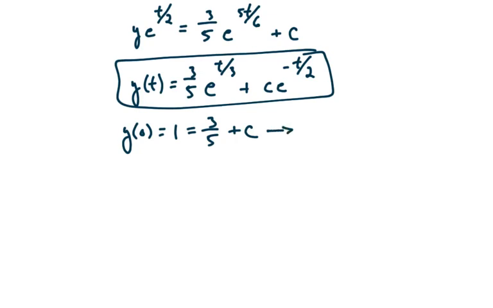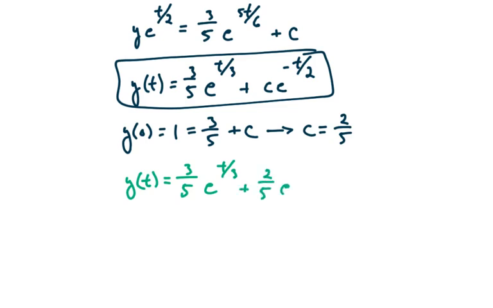So when we solve for c, we're going to get 2/5, which means that our final solution is going to be 3/5 e to the t over 3 plus 2/5 e to the negative t over 2.